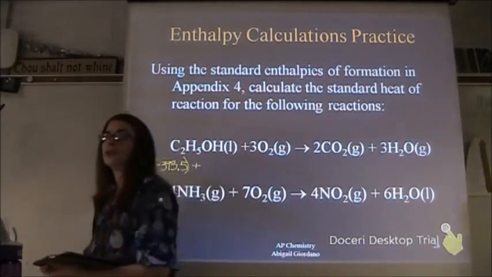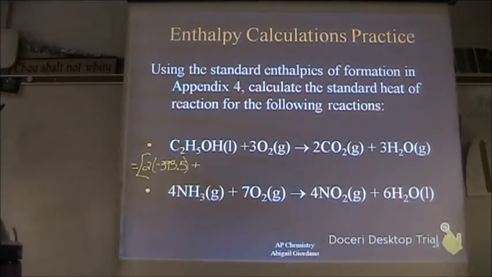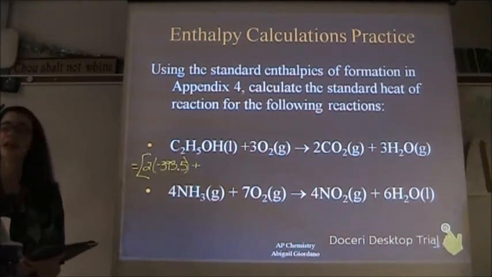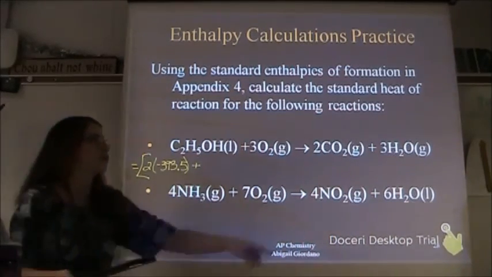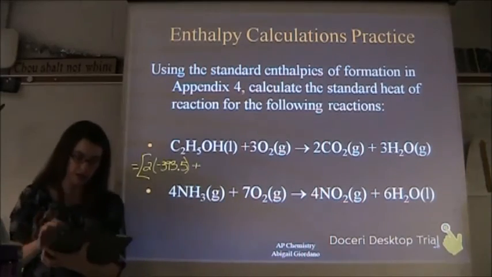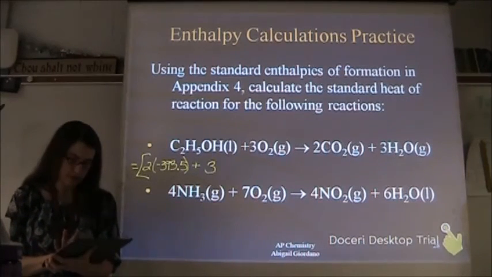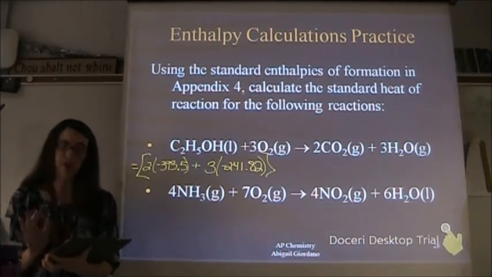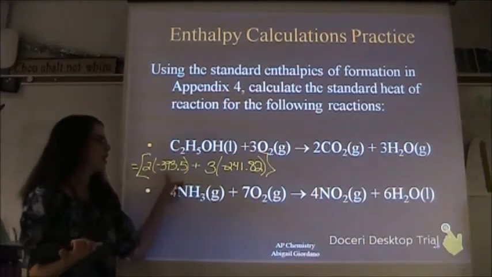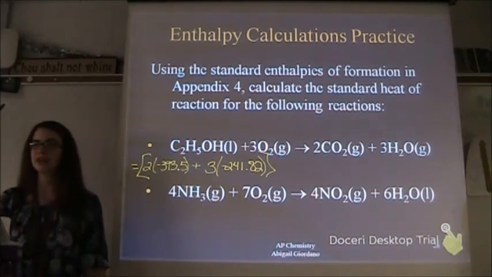Find H2O in its gaseous state. Find it in the chart. Negative 241.82. This one has a coefficient of a 3 in front. And then I'm going to close the brackets because that's everything for my products.